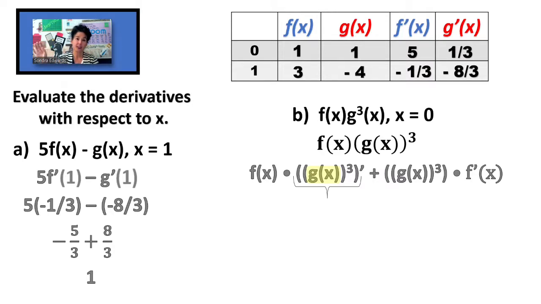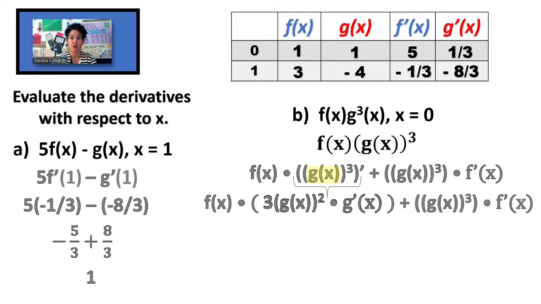We're still going to take the 3, move it to the front, and subtract 1 off the exponent, but we have to chain on the derivative of g of x. So here we have 3 to the front, g of x to the second power, chaining on the derivative of g of x. And I'm just bringing down everything else.